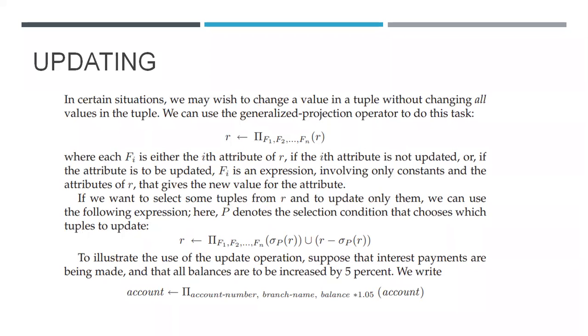So here, how can we do that? That is, relation R, which is nothing but a table, gets projection on columns F1, F2 to Fn from R, where each Fi is either the ith attribute of R, if the ith attribute is not updated, or, if the attribute is to be updated, Fi is an expression involving only constants and attributes of R that gives the new value to the attribute.